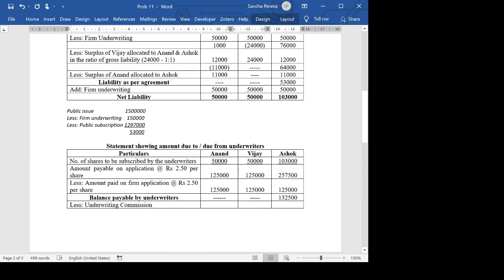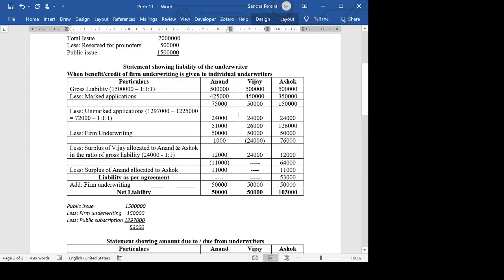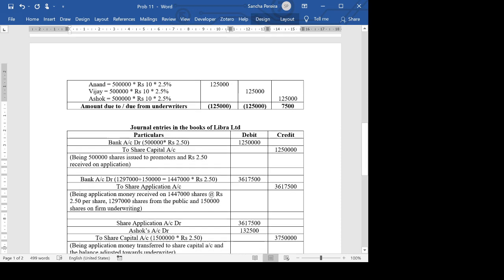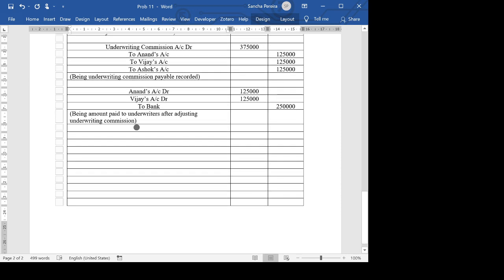Similarly, in case of Ashok, Ashok has to pay the company 7,500. So it's going to be bank account debit to Ashok's account, 7,500.